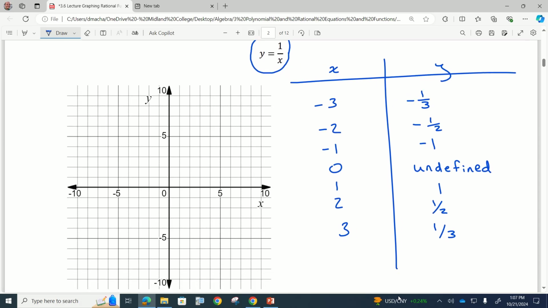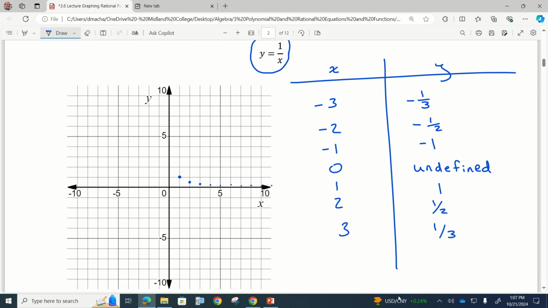And then whenever I went here to graph my function using my table of values, I'd say, here is the point where x is 1 and y is 1, and x is 2 and y is 1/2, and x is 3 and y is 1/3, and then 1/4, 1/5, and so on up to 1/10.